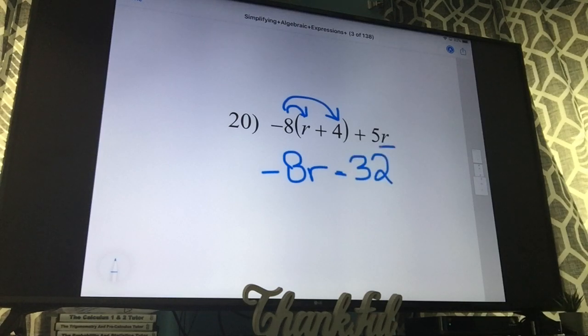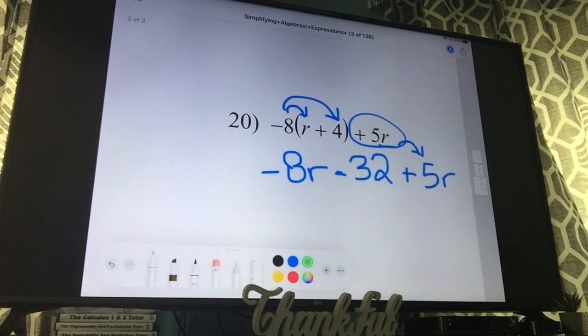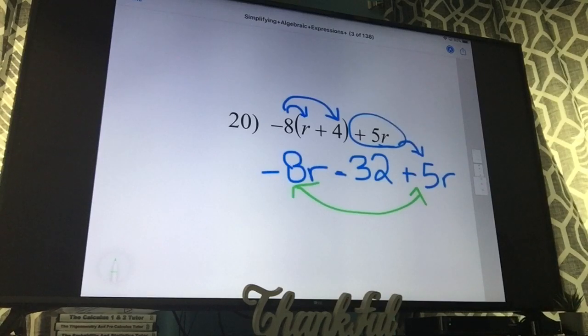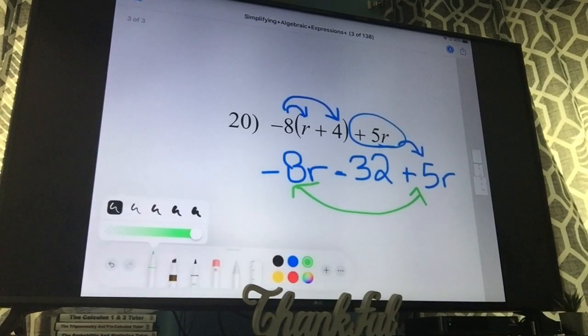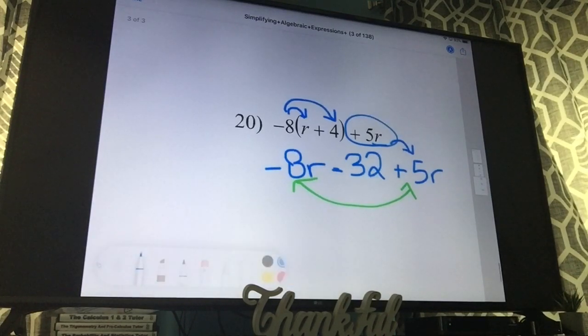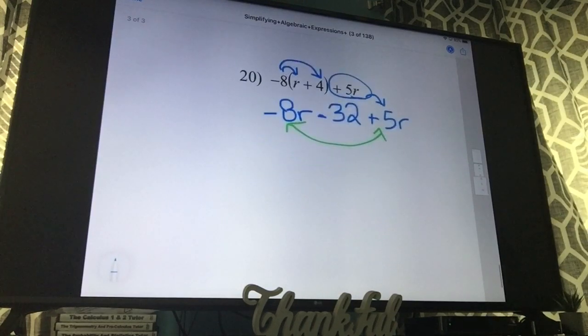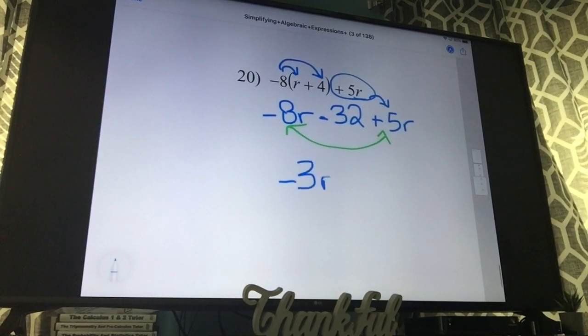And the 5r we're not doing anything with, so it just needs to drop down, plus 5r. Okay, what can we combine? The r's. So I got a negative 8r and a positive 5r to give me a negative 3r. And the 32 we can't combine with anything, so minus 32.